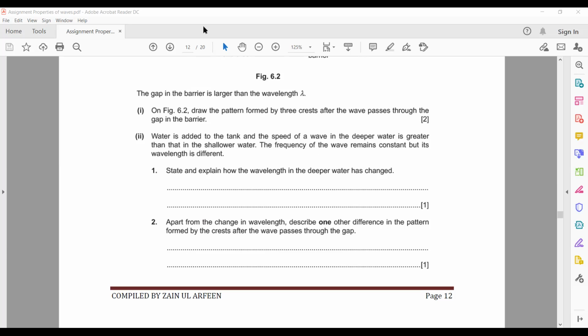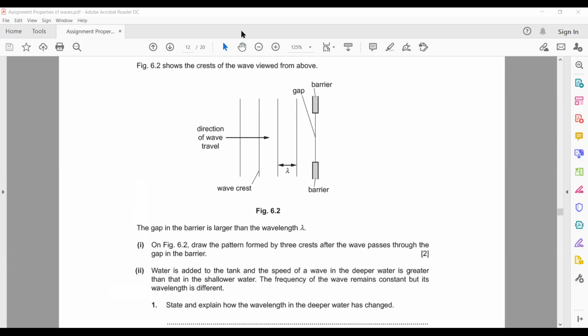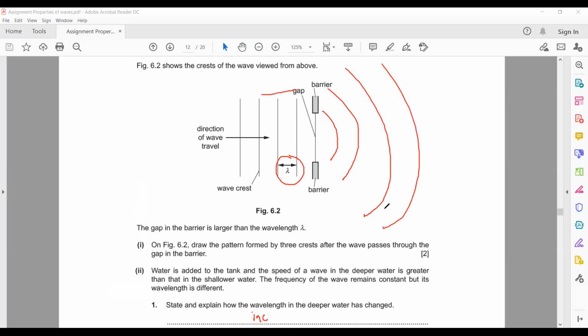You can see here in the beginning of the question, the wavelength was smaller. But when it passes through a deep region, the wavelength increases. As the wavelength increases, if the wavelength is equal to the gap size, what will we observe? We will observe the wave will spread out more.